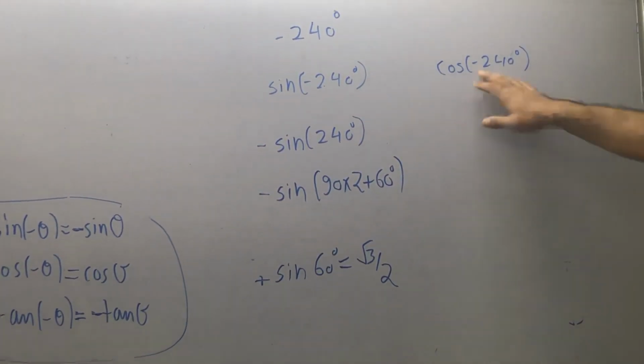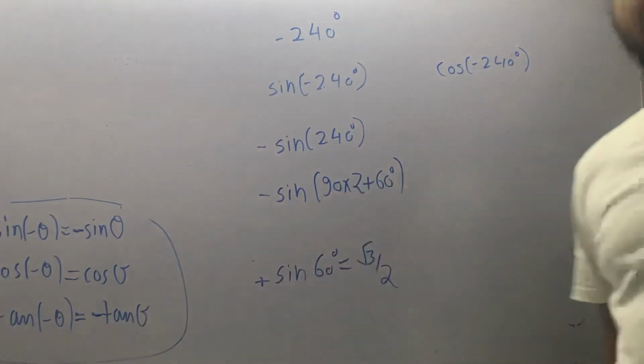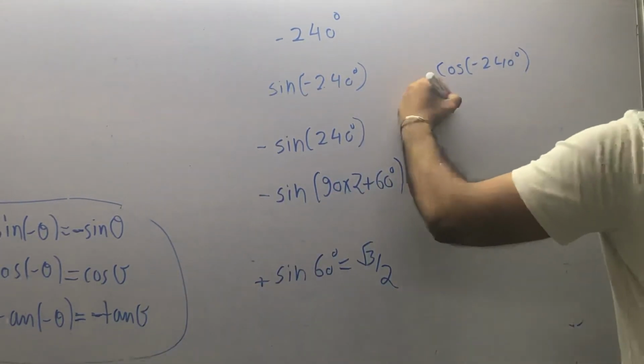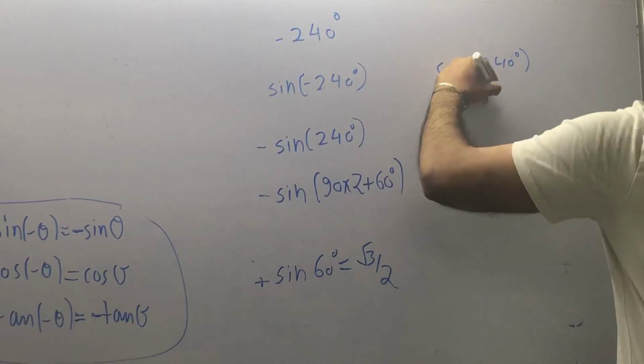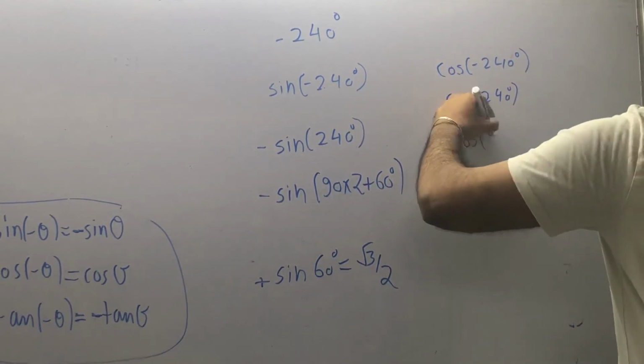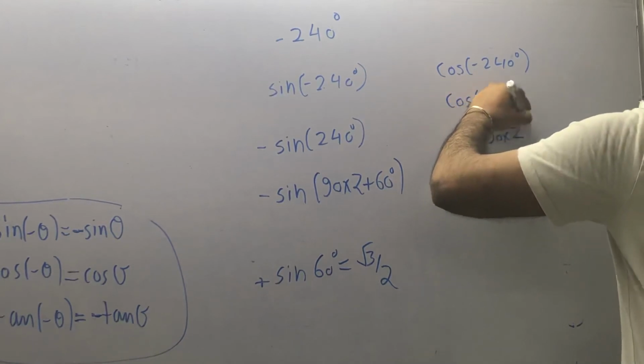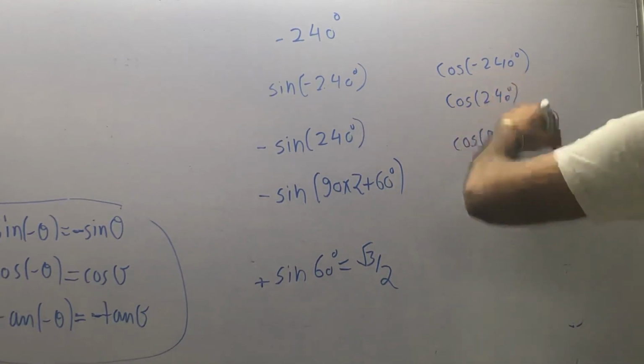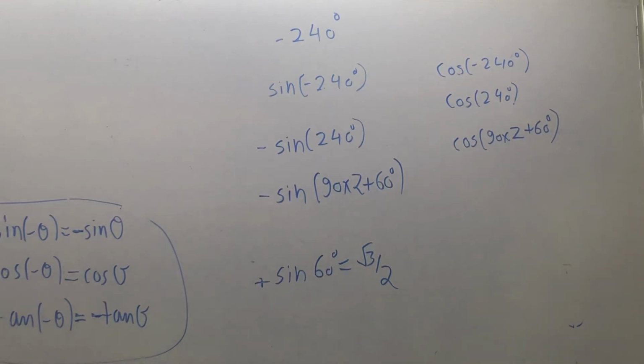So cos of minus theta is what? Cos theta. So same way you can write this also. This is lying in the third quadrant. In the third quadrant, cos is negative or positive?